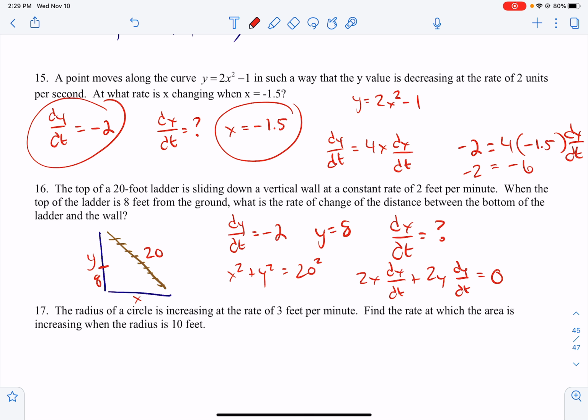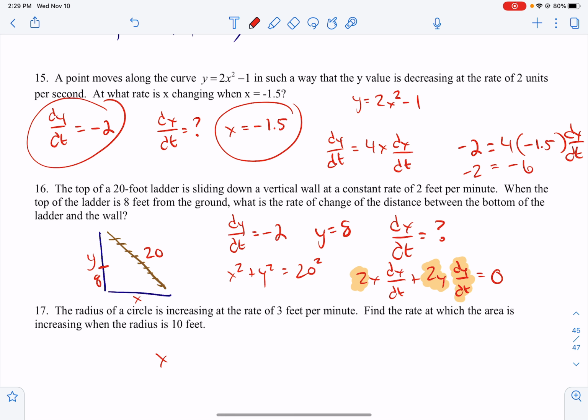The derivative of 20 squared is 0. We don't even care what that number is. Now, I have a dy dt to plug in. I know what that is. I know what my y is, and I know what my 2's are. I'm missing x. I don't know what x is. So I actually need to solve.